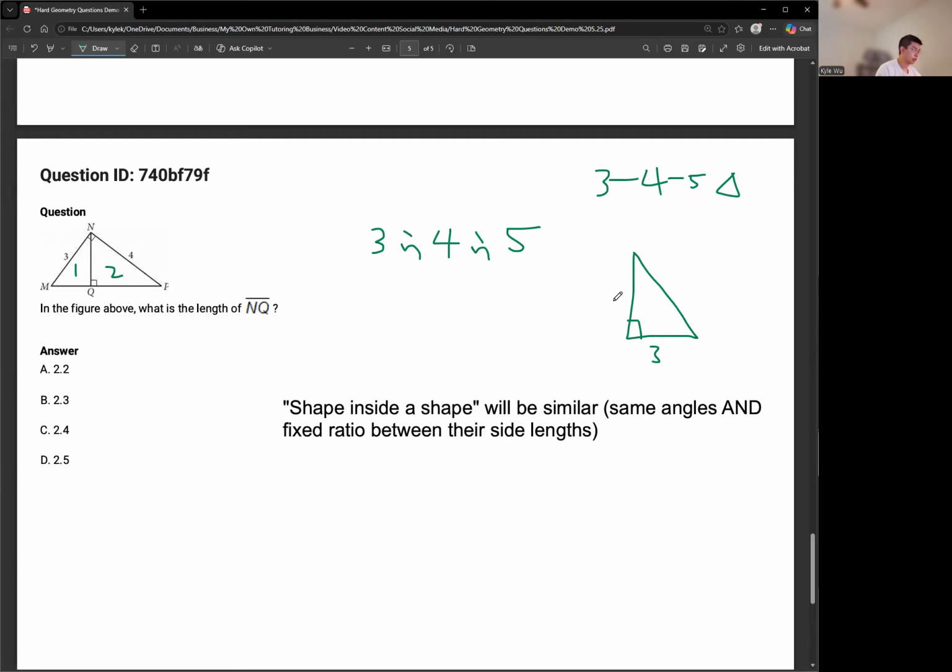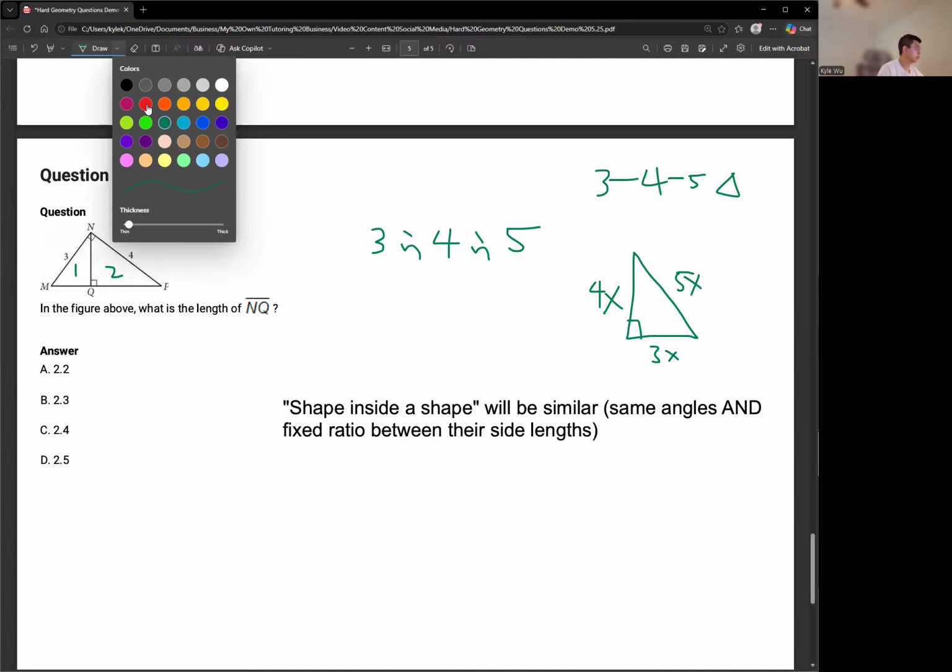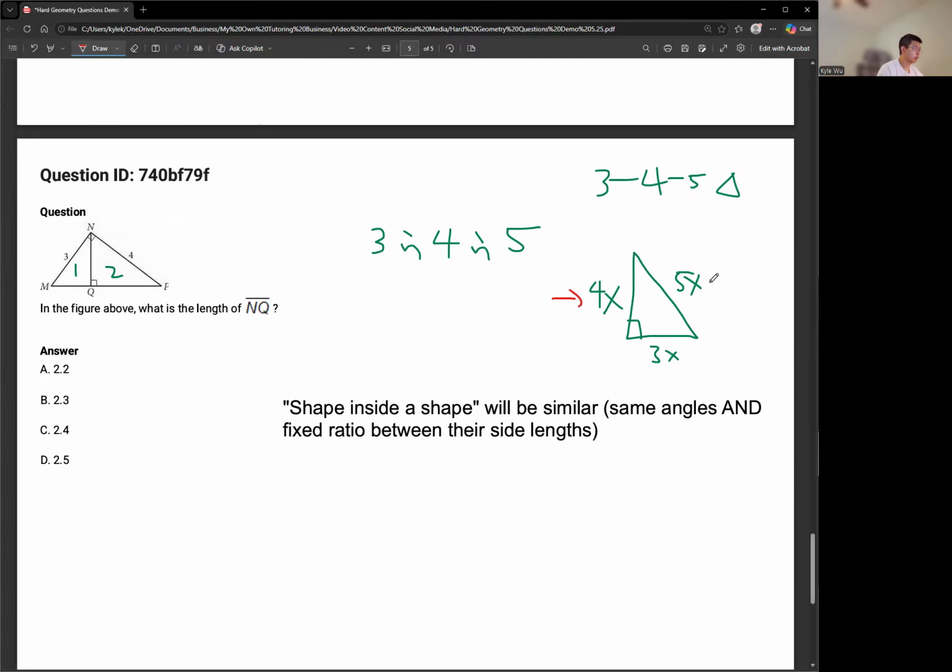The shortest leg is 3x. The longer leg is 4x. The hypotenuse is 5x. Now, what's the ratio between the longer leg, 4x, and the hypotenuse, 5x? Well, that's easy, right? That's going to be 4x over 5x, equals 4 over 5.